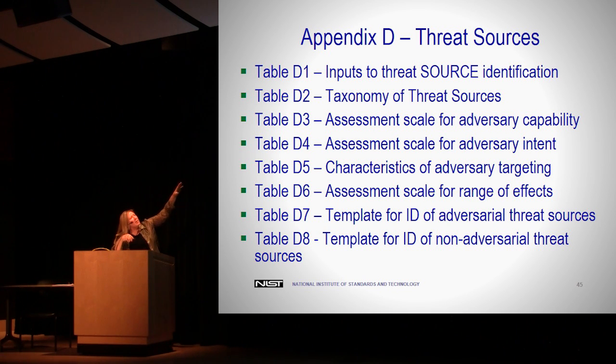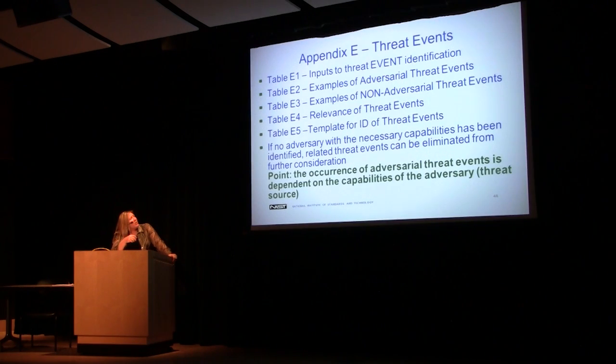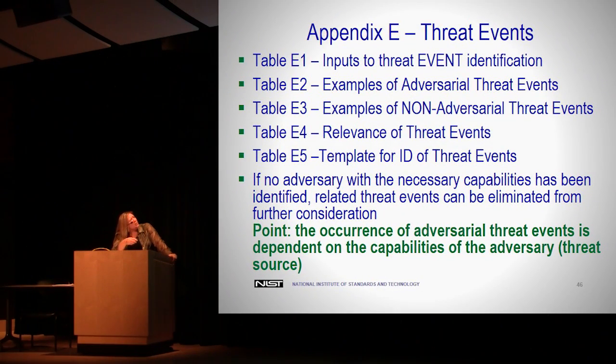But anyway, we have our threat sources, we have our scales, we have our characteristics, and so we're noting things, we're making determinations and noting things down and using some of the tables to get information and using some of the other tables to write down our determinations. And those are the template ones there, 7 and 8. And the same thing as we go along, it's similar in every appendix. We tell what our inputs are, then we have some examples, and then we have some templates for you to fill out.